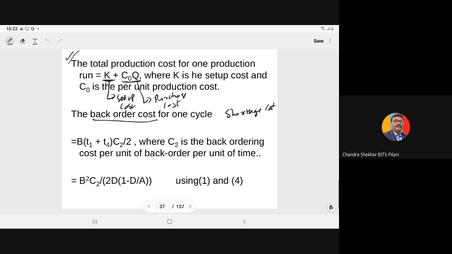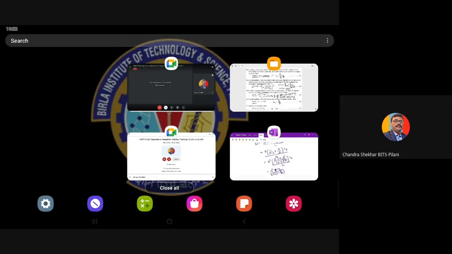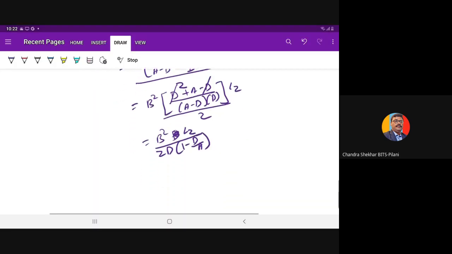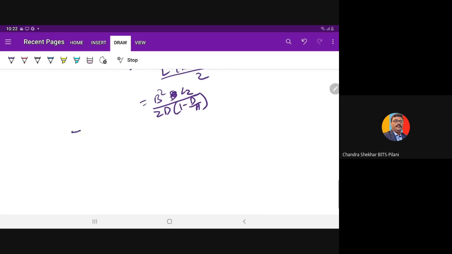Now from here, the total cost will be the procurement cost plus holding cost plus shortage cost. So procurement cost will come K plus C naught Q, that we have derived.